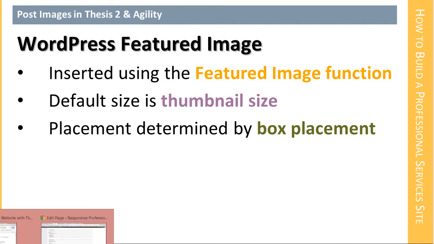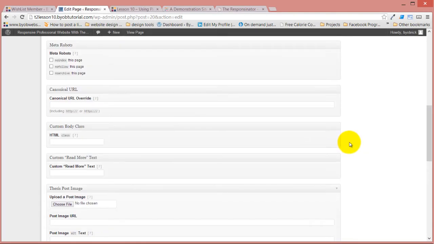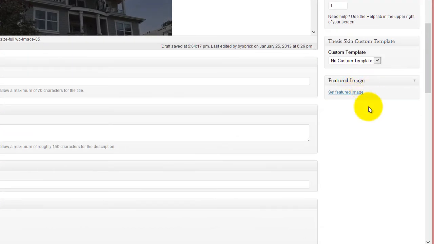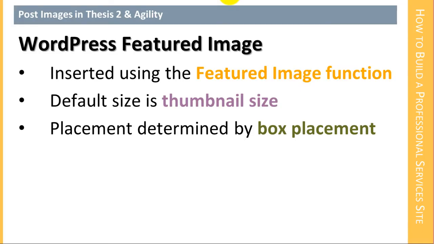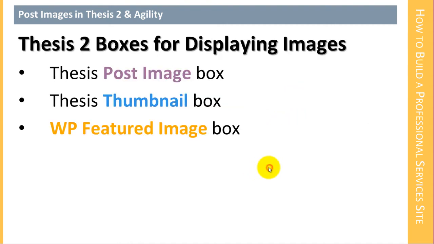Again, it's one of those meta boxes on the edit page, but it's here. Featured image, set featured image. Now, when you set the featured image, its default size is the thumbnail size, again, the size that you set under media settings. And in Thesis, its placement is determined by the box placement, just like all the other ones. You can put the box where you want it, and that's where the thing will show up.